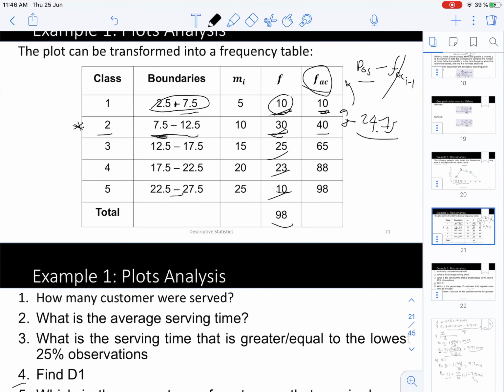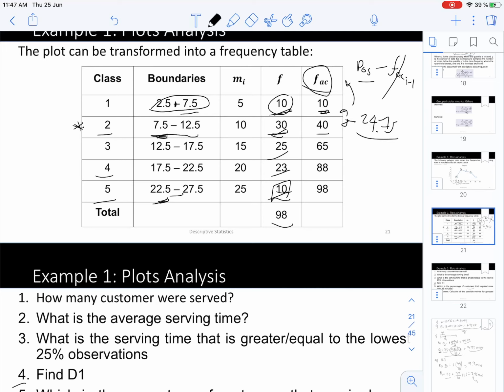So if we go to the table, we know that in the last class, all of them, these 10 guys here, those customers require more than 18 minutes. Why? Because please notice that the lower boundary here is 22.5 minutes, right? So all of them were above 18 minutes.